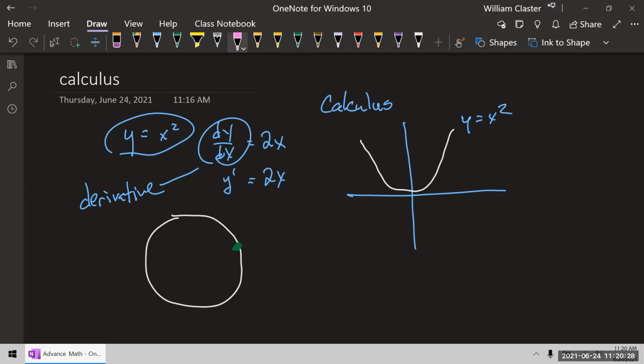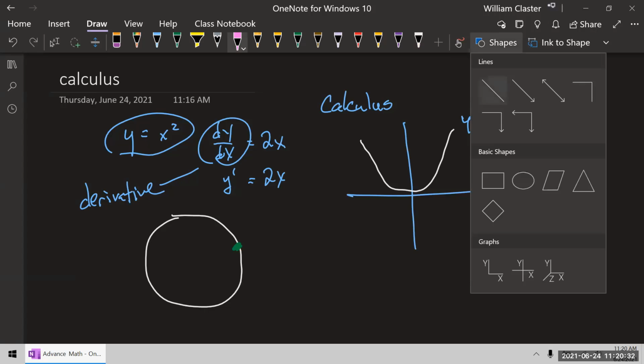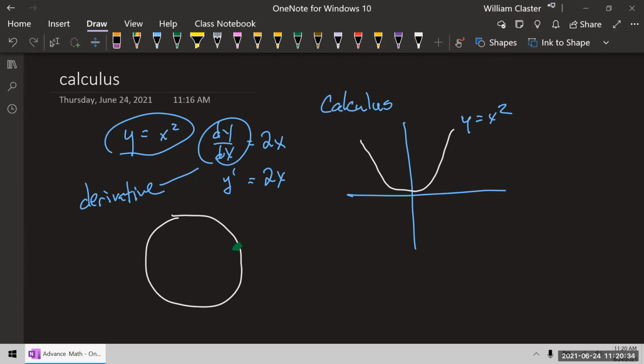The tangent line means, maybe I'll use this shapes tool. You can see that I didn't do that too well, but it means that. That's called the tangent line to the circle at that point. So the tangent line only touches the circle at one place, and that's called a tangent line to the circle at the green dot.